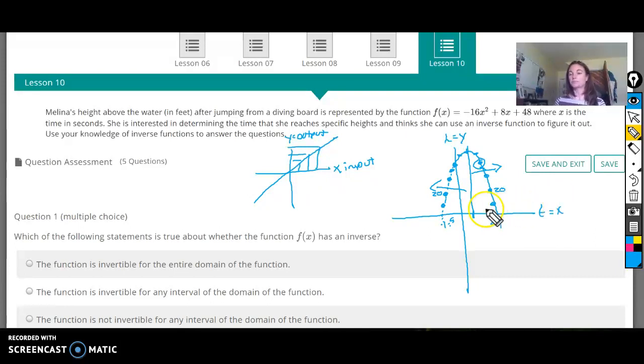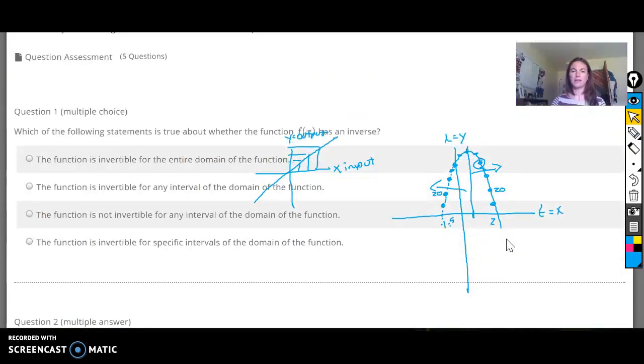And so if she really wants to figure out at what time she'll be at certain heights, she has to say, okay, I'm going to be greater than the vertex, or I'm going to be less than the vertex. So hopefully that makes sense. And let's see which one of these answers kind of fits with what I've just written there.